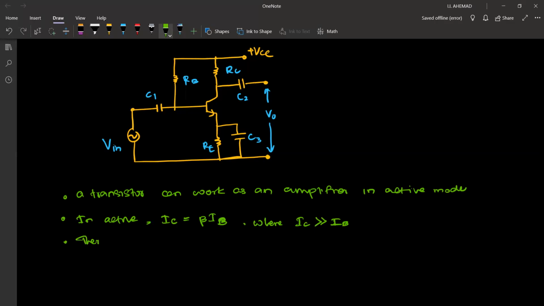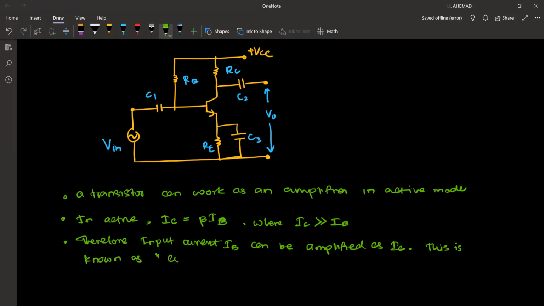So therefore the input current IB can be amplified as IC. By sending an IB current, we can get it amplified as IC current. So this is known as current amplification.